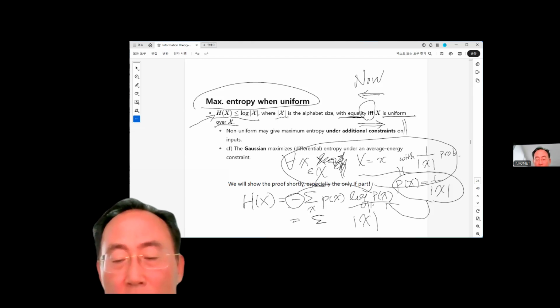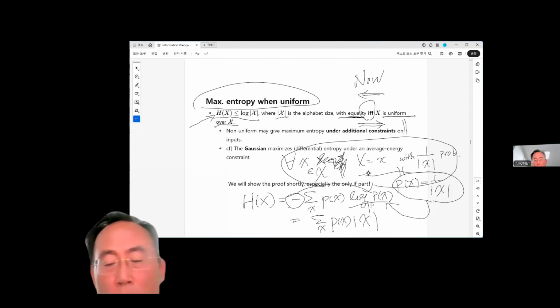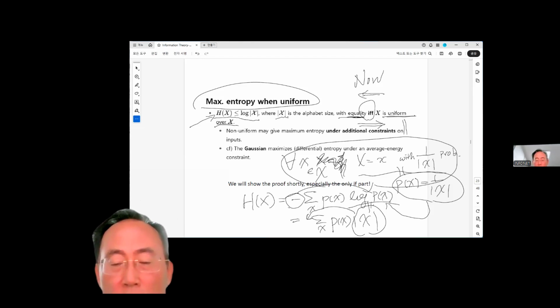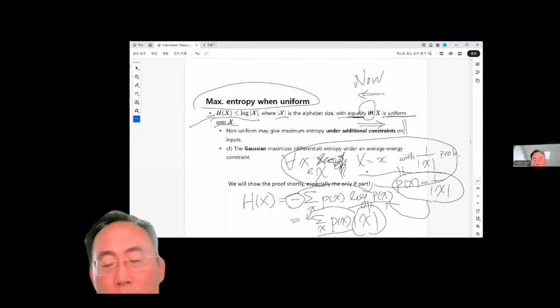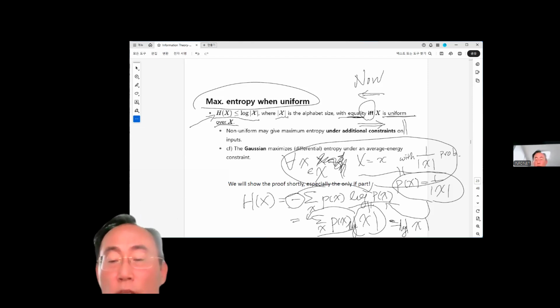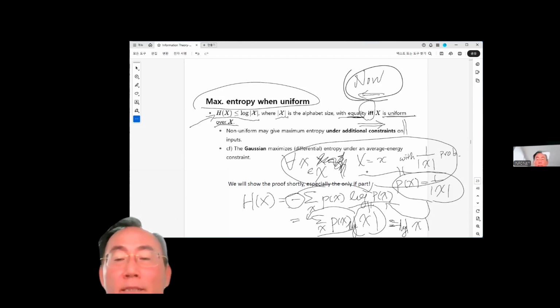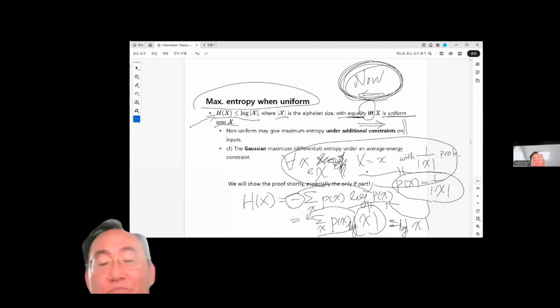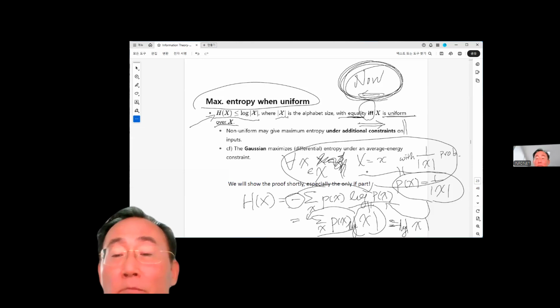And then the rest of them is sum over all x. Since this is constant, you can bring it outside. Then sum of p(x) is 1, so that is nothing but log of size of the message set. I forgot the log, right? So we have proved this part. Okay? And then this part is also true, but we will prove it later on.